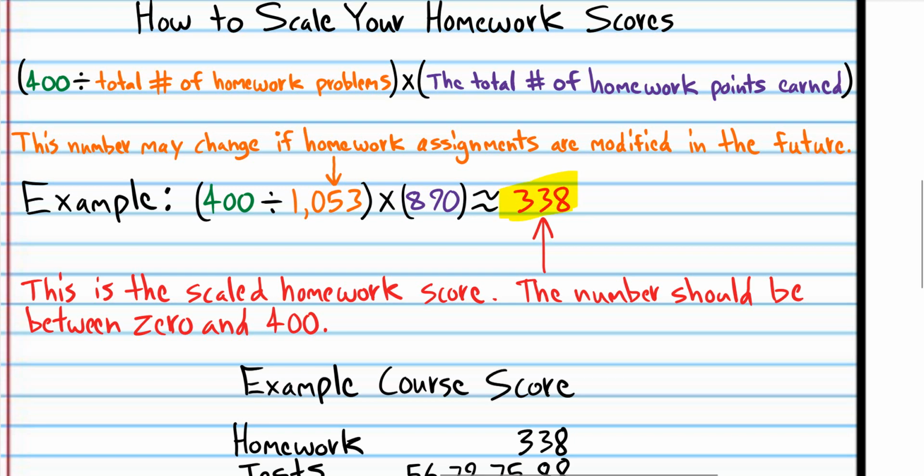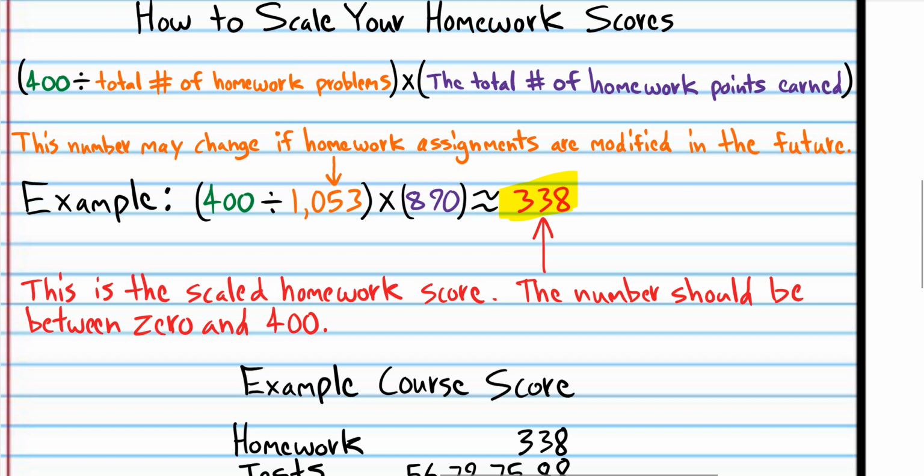Now make sure that you divide 400 by 1,053 first. Remember, when you're multiplying and dividing in an expression, the order of operations tells us to move from left to right. So divide by 1,053 first, get that number, and then multiply by 890.